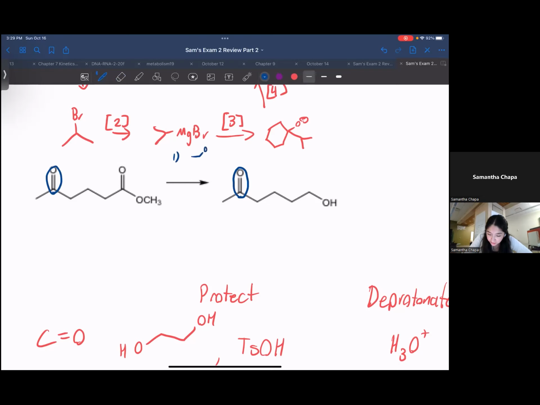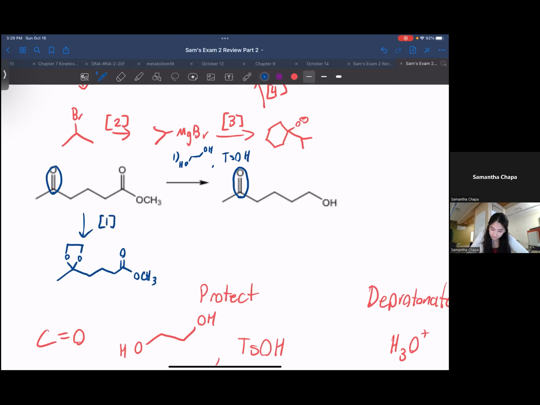So I'm going to use the carbonyl protecting group. That's the one that you have to remember. Remember which one goes for which one. This is TsOH. So step 1. It will only protect, I believe, ketones and aldehydes. So using that, I'll protect my carbonyl.